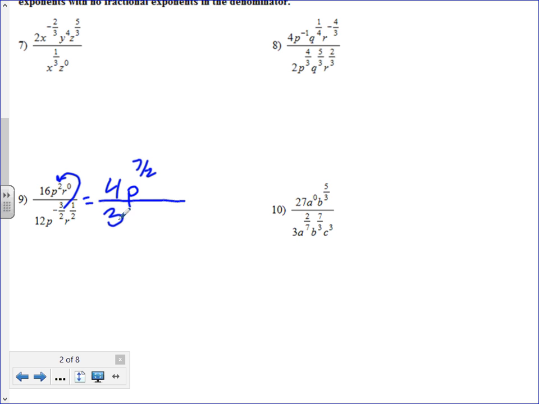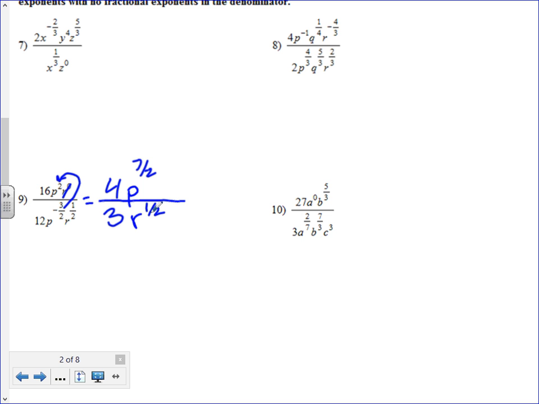What do you do with these r's? Well, this one, subtract them. Just leave it down there. If that becomes gone, or if that's just 1, then this has nothing to reduce with, so it just stays where it is.